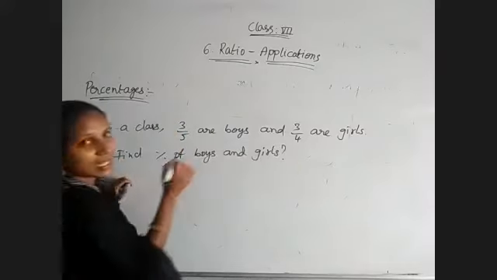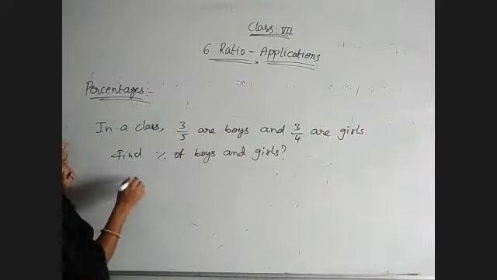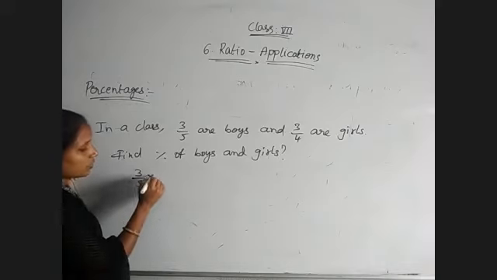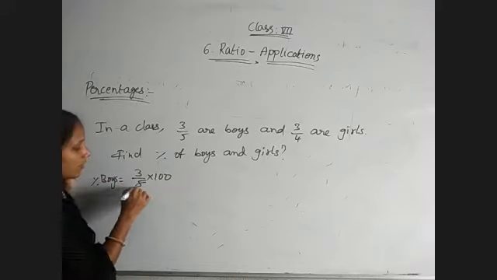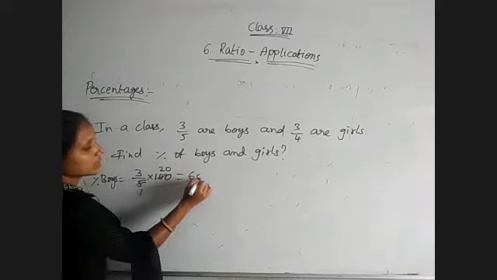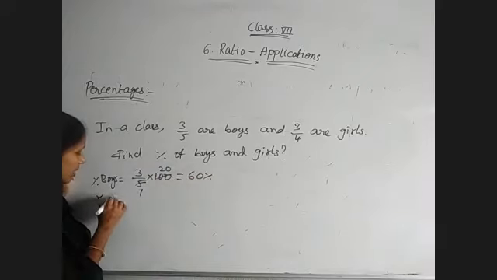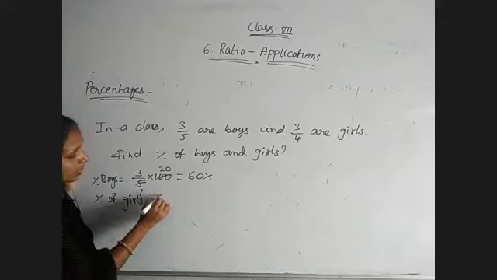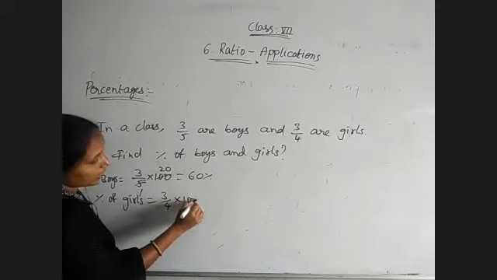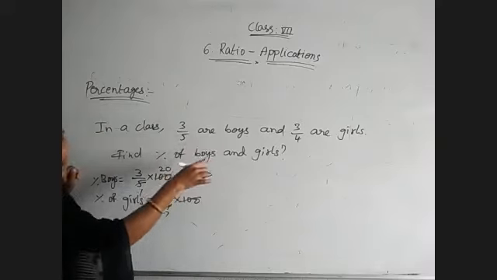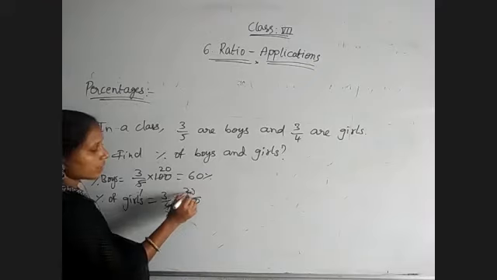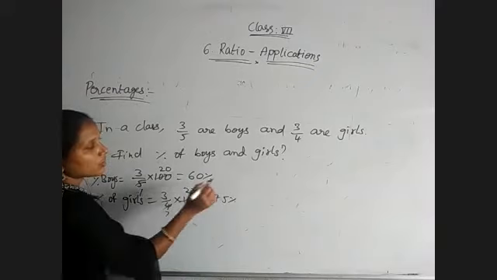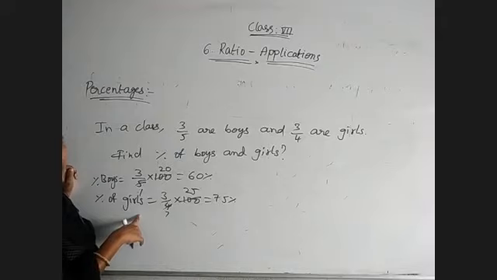If the question is like this, in that case, 3/5 into 100. So the number of boys is 3/5. So the percentage of boys is equal to 3 by 5 into 100. 5 ones are 5, 5 twenties are 100, so 60%. And the percentage of girls is equal to 3 by 4 into 100. Because these are fractional numbers and they are asking for percentage, we must multiply by 100, that's all. So 4 ones are 4, 4 twenty-fives are 100, 25 threes is 75%. Means the percentage of girls is more.